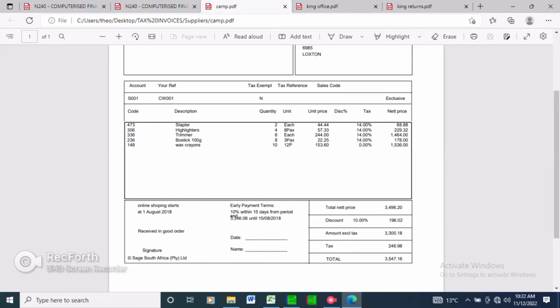Like I've said, we're gonna work with the amount of how much? 3,547.16. Times 10%, guys, divide by 100.